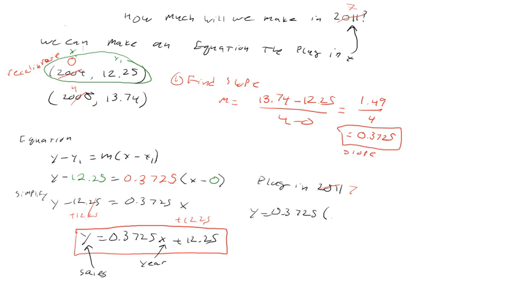And again, break out the calculator. 0.3725 times 7 plus 12.25. This means my total sales are 14.8575. And that's the sales in 2011.